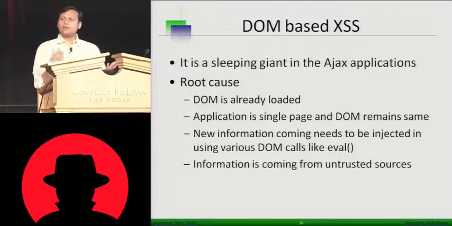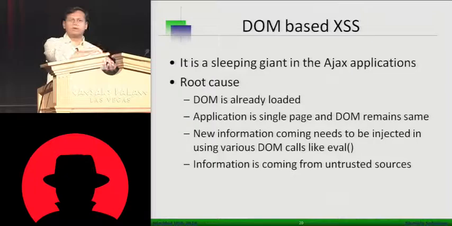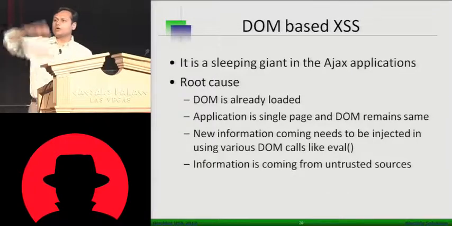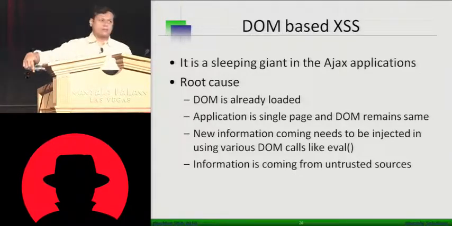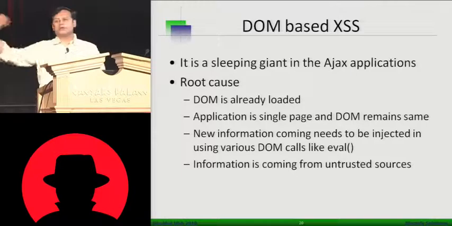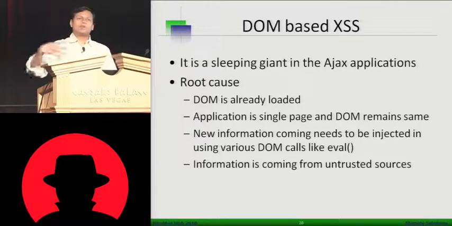You have to somehow inject that new information into the currently existing DOM, because this is not a refresh and reload where the entire DOM is going to get reloaded. So you make an eval call. The eval call is where you say, okay, this is new information, I want to pass that new information to my existing DOM. So I say, okay, eval this. That eval will actually put all the new content into the existing DOM or memory.